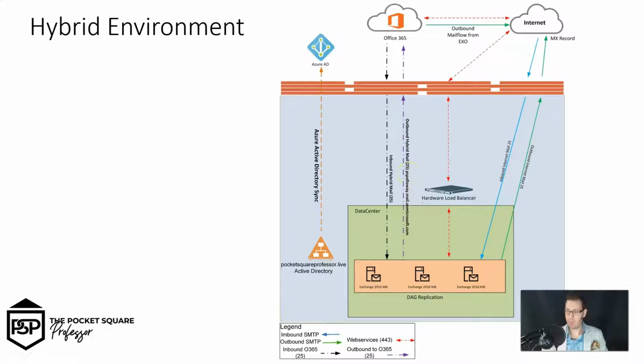I'll explain this a little further as we go through, but I just want to show you that that's one of the first things the hybrid wizard does: every user in the organization gets a remote routing address attached to them. And that's all. It doesn't change the primary SMTP address, nothing like that. It just changes the remote routing address. Great. The other thing it does is create a send connector from on-premises.